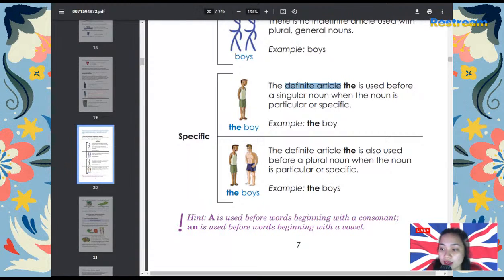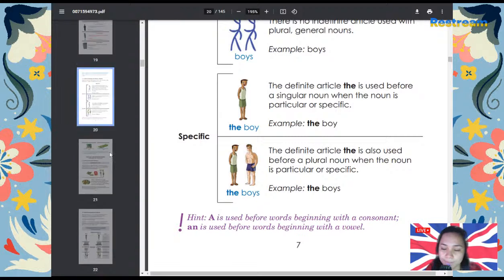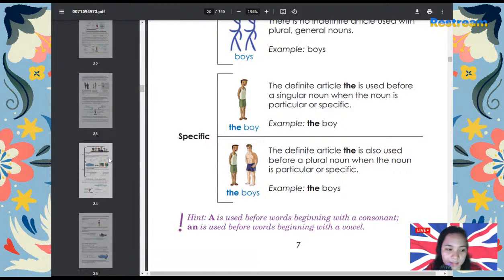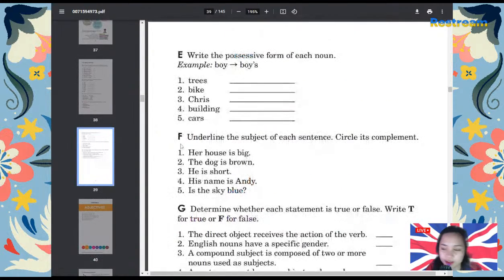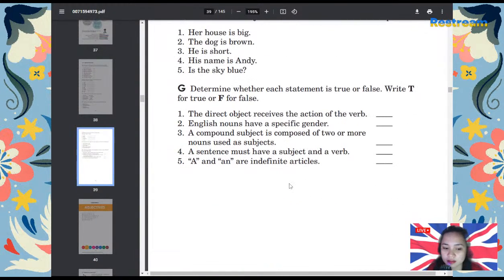Only a and an. Did you get it, Dhruv? I hope it is clear. Yes, the is a definite article. Only a and an are indefinite articles.